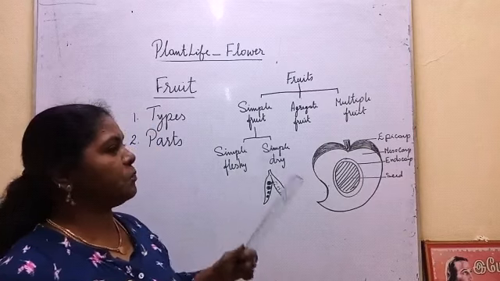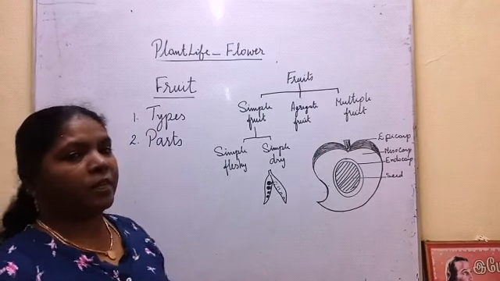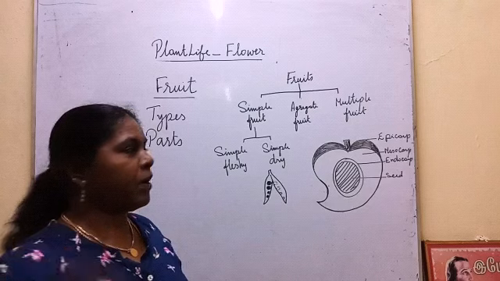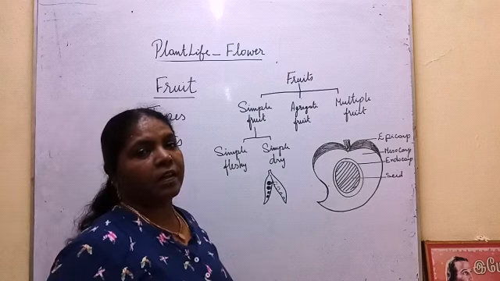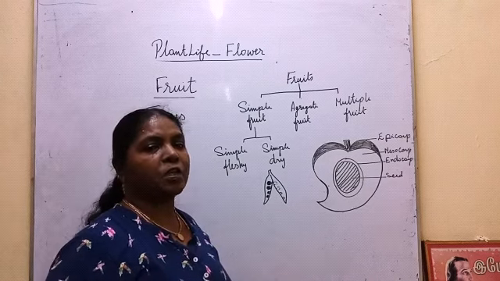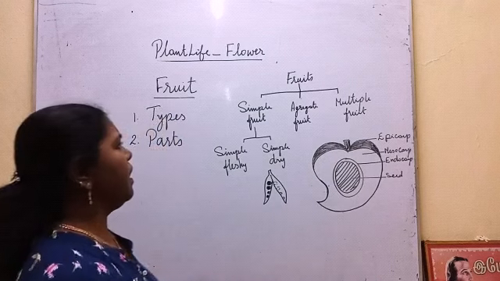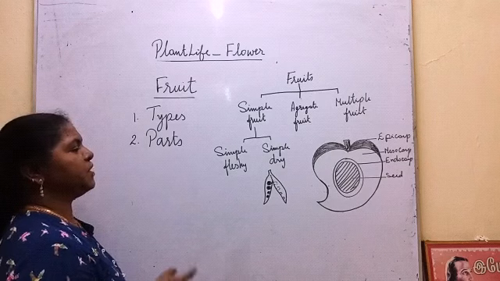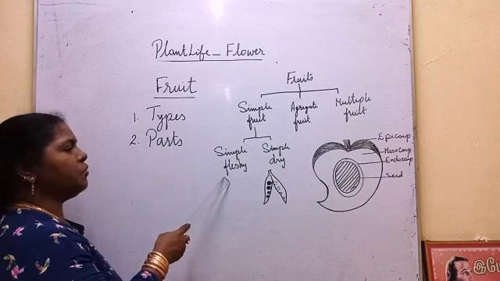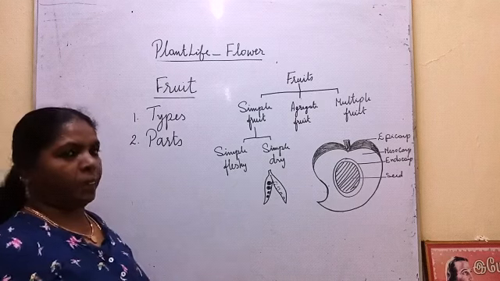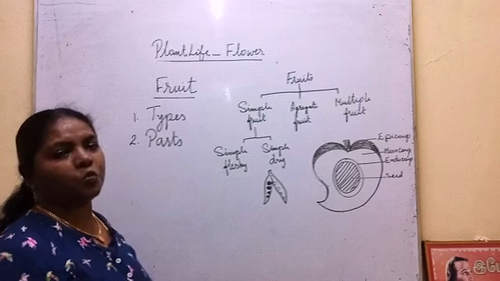Single flower develops into single fruit: simple fruit. Single flower develops into a number of fruits: aggregate fruit. The whole inflorescence develops into a single fruit: multiple fruit. The simple fruit is further classified into simple fleshy and simple dry on the basis of the fruit wall.